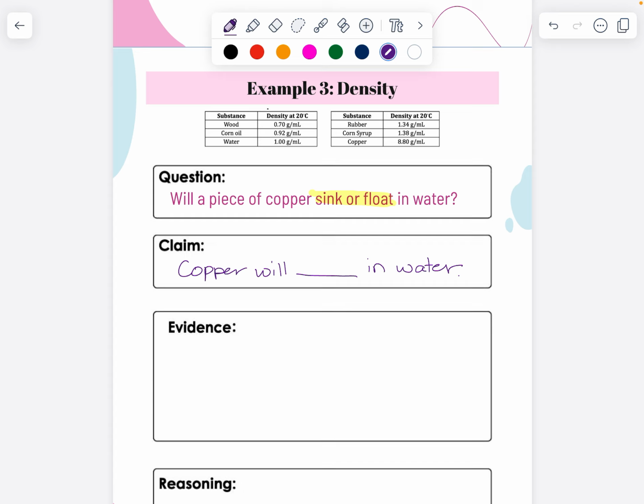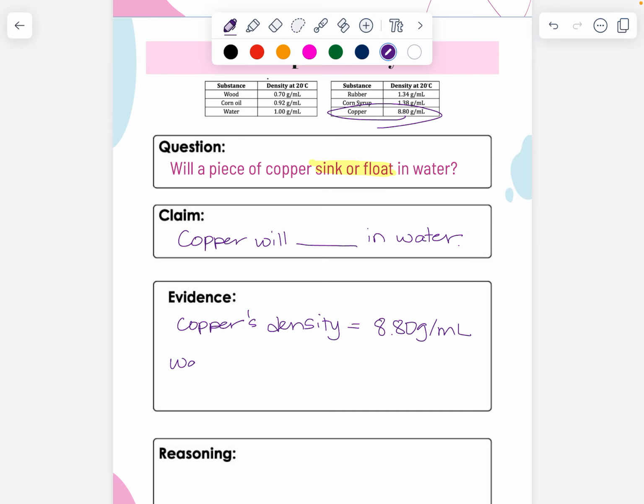Remembering back to those notes, I'm going to need to list those densities and compare those. So copper's density is 8.80 grams per milliliter. Water's density is 1.00 grams per milliliter.